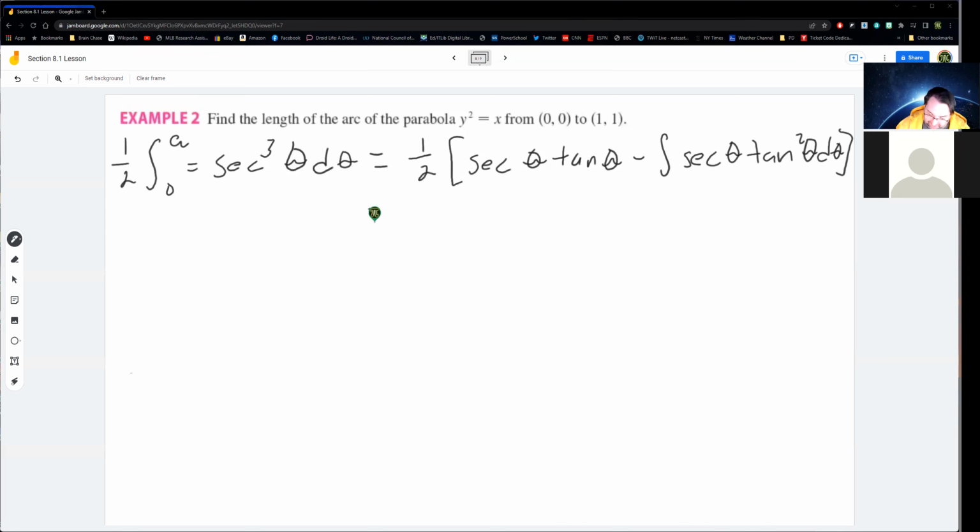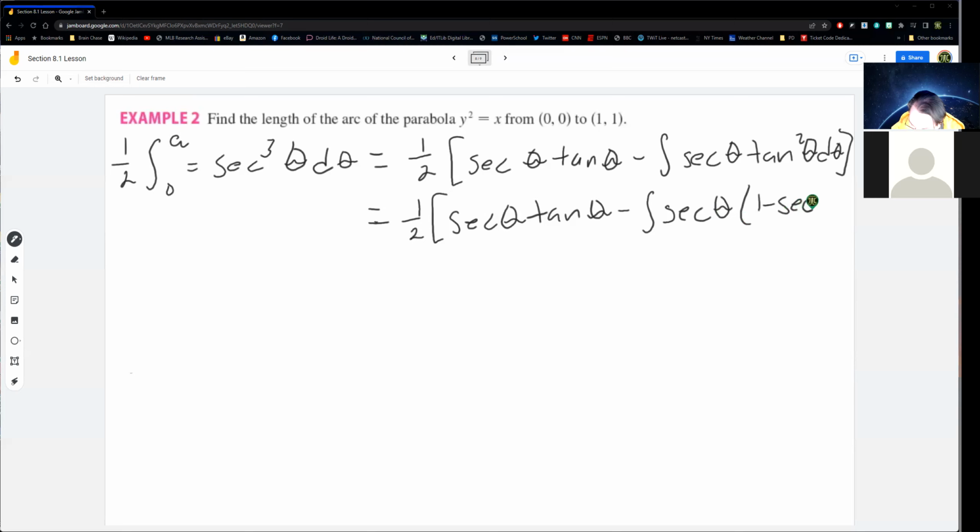So the next step we're going to do is clean this up over here a little bit. So we have secant theta, tangent theta, and this is going to become secant theta, and then that's 1 minus secant squared theta. Oh, sorry, I have that backwards.